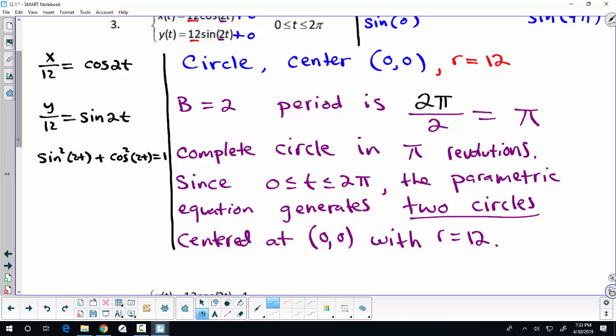But sine squared of 2t is y squared over 144. Cosine squared of 2t is x squared over 144. Okay. Is that all right? So if we forgot what this is, maybe at least we'll think, hey, square sine and cosine, see what happens. And multiplying both sides by 144 and rearranging, x squared plus y squared equals 144. Circle center 0, 0, radius square root of 144. That's how we manipulate that.